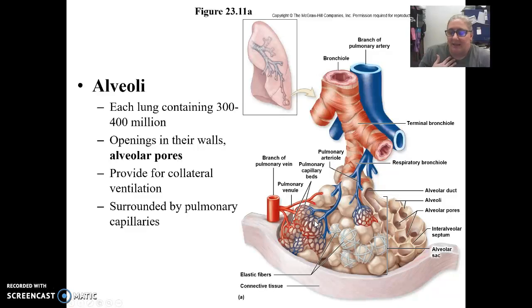When air moves into the alveoli, oxygen diffuses across the membrane down its concentration gradient and into the blood, whereas carbon dioxide moves down its concentration gradient from the blood and into the lungs. So carbon dioxide then can be released and oxygen can move into the body.